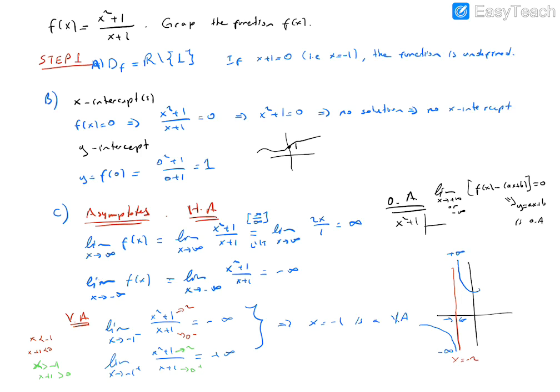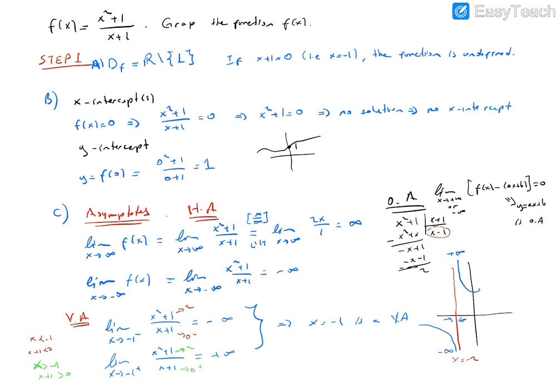But in the previous section you learned that by using polynomial division, you can calculate x squared plus 1 divided by x plus 1. So the quotient is x, then minus 1, so this is minus x minus 1, so the remainder is 2. Okay. So x minus 1 is our oblique asymptote.